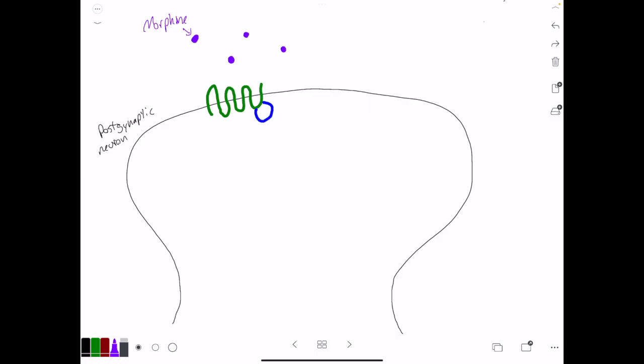And so when morphine binds to this receptor here, I'm going to put it over here so that we can save room for our intracellular pathways. This is what we would call the opioid receptor mu, the Greek letter mu, often just known as the mu receptor.